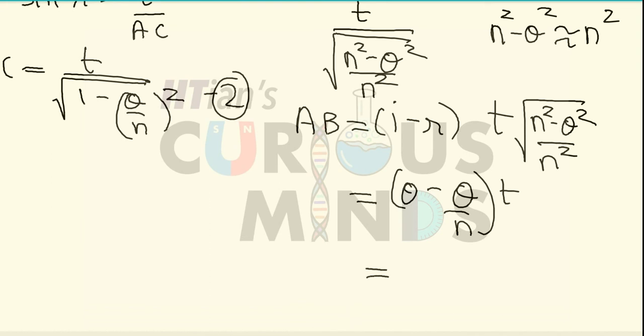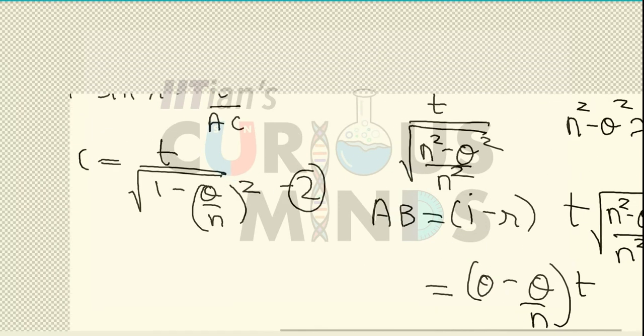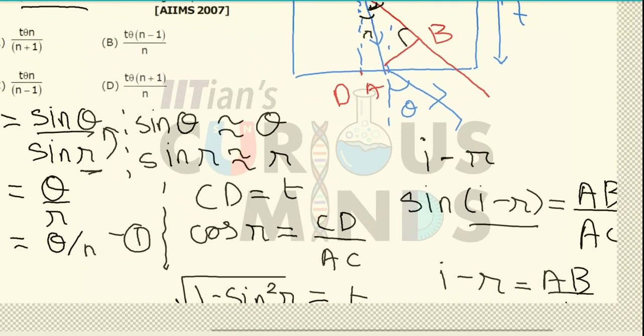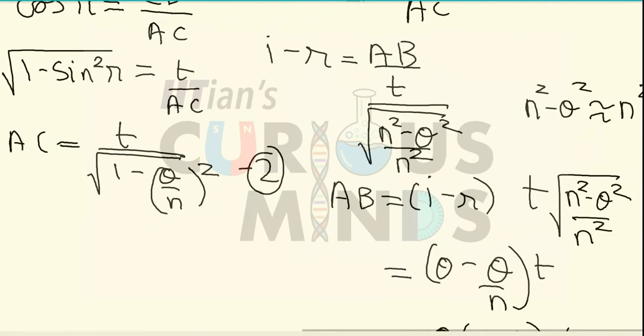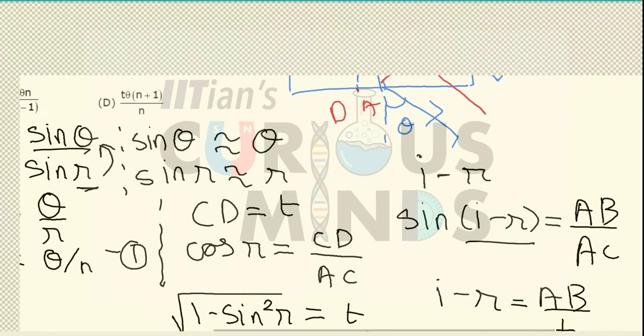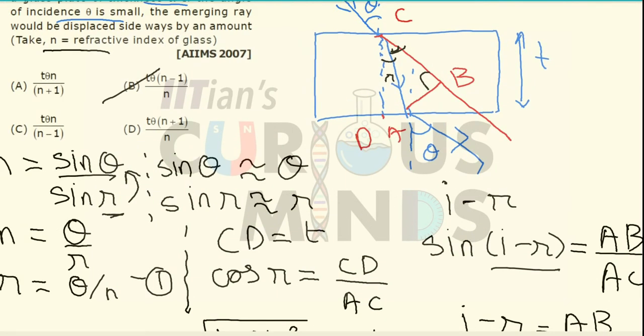So this will be theta common, n minus 1 divided by n, into t. Theta into t, n minus 1 divided by n, which is option number B.